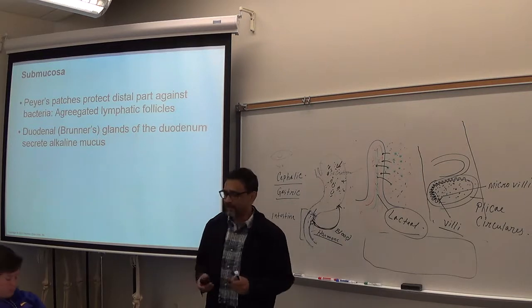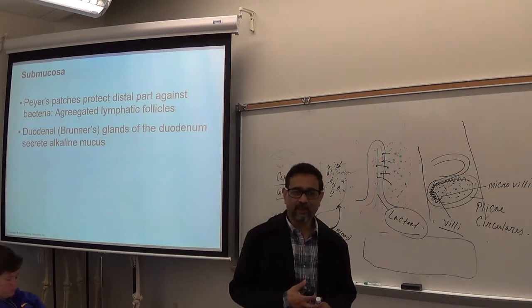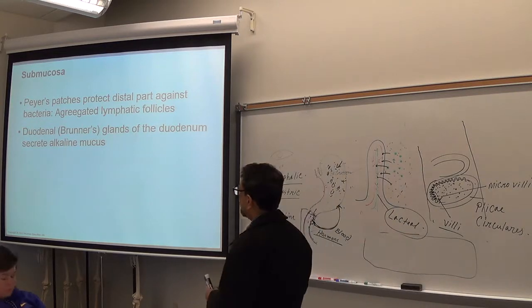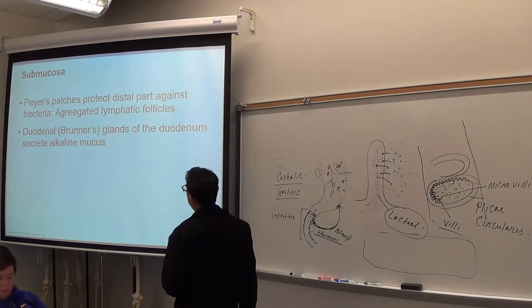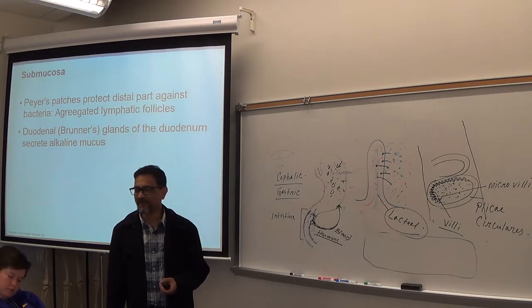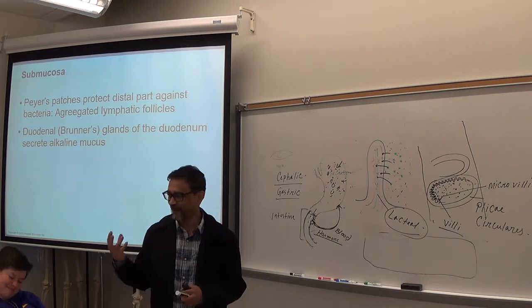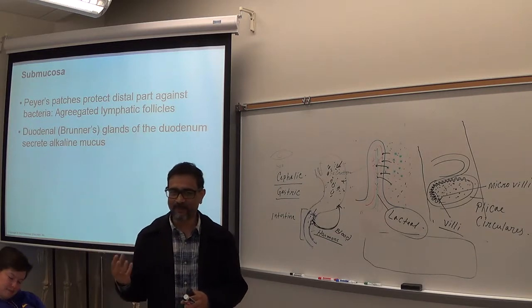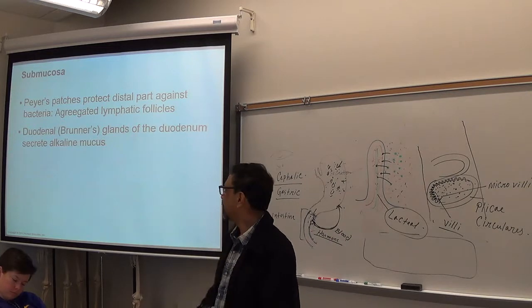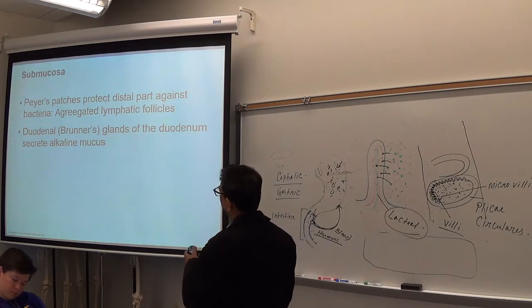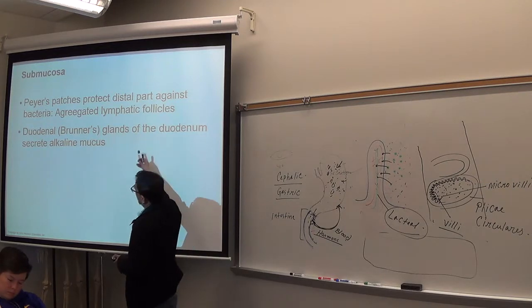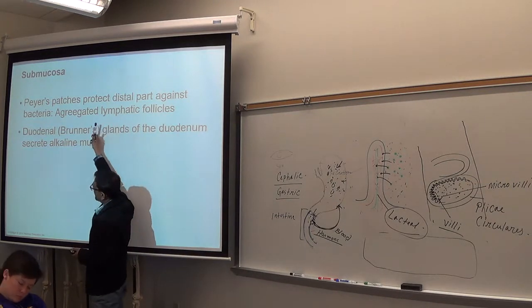Under the mucosa, you have the submucosa, you all know that. In the submucosa of the small intestine, you have Peyer's patches. Have you heard this name? Okay. Aggregated lymphoid follicles, right? Aggregated lymphoid follicles present in the distal part of the intestine are called Peyer's patches.